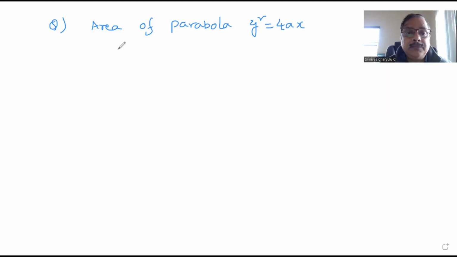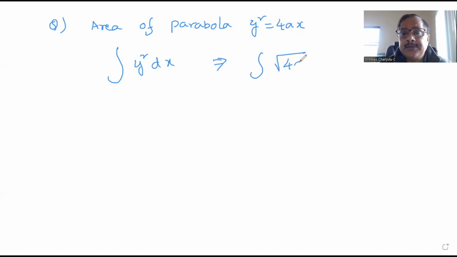So here we are supposed to find out the integral of y square dx, directly between what limits? Here, y stands for root of 4ax, so we are supposed to integrate with respect to x. Then what are the limits now?